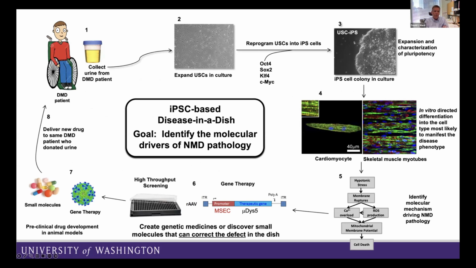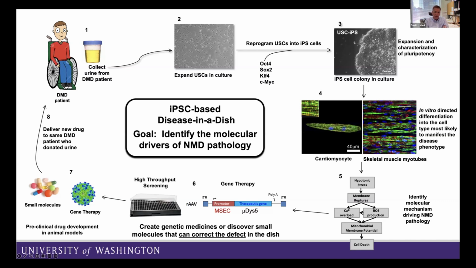Then we use standard reprogramming factors to turn those urine-derived cells to iPSCs. And then the trick is to figure out the in vitro differentiation scheme that recapitulates embryonic development so we can turn those iPS cells into the tissues that are diseased in the patient. So we make cardiomyocytes to model the cardiomyopathy and skeletal muscle to model the skeletal muscle defects.